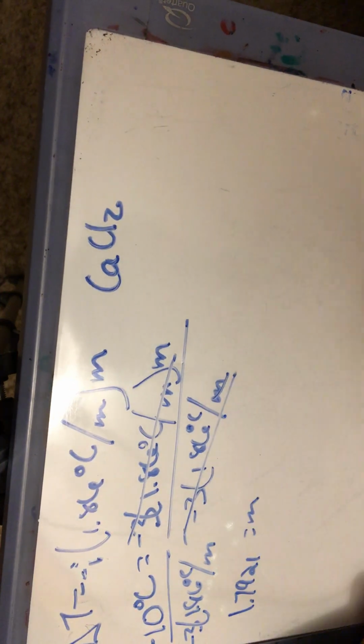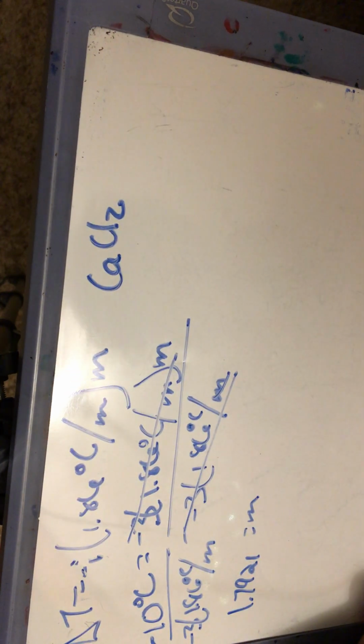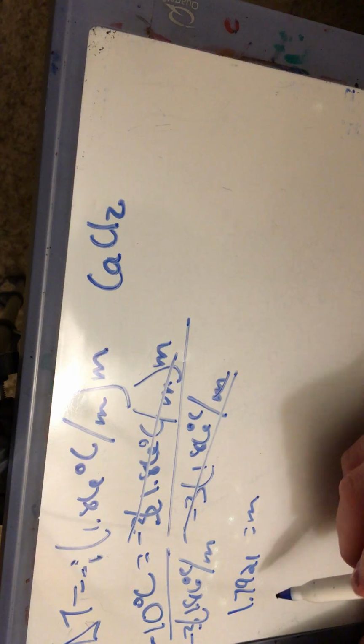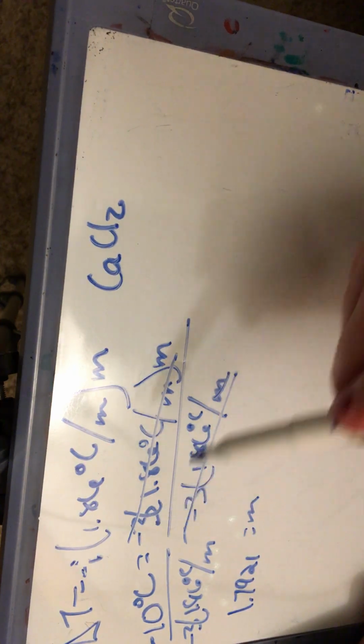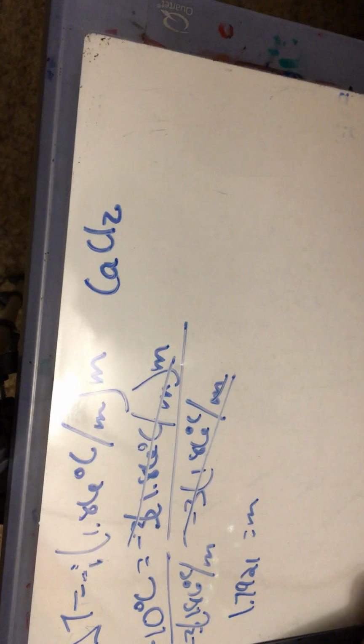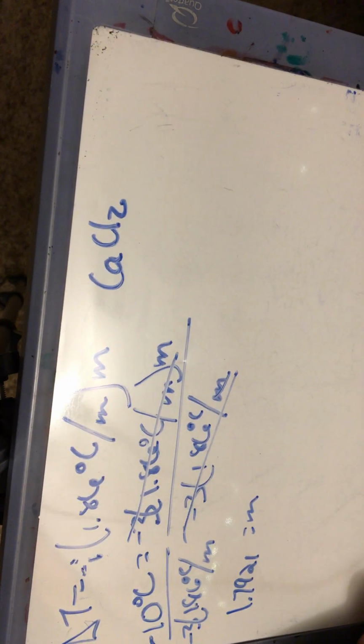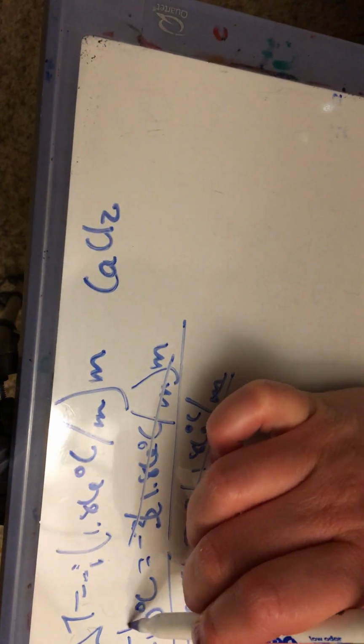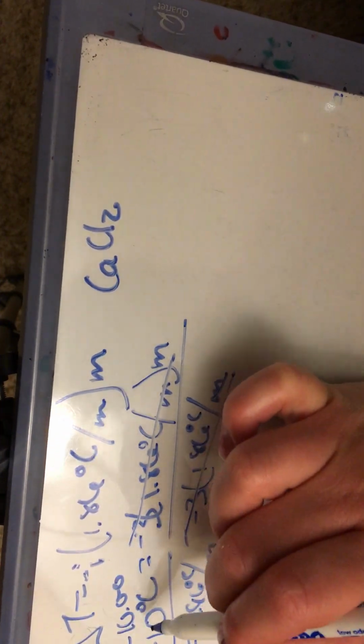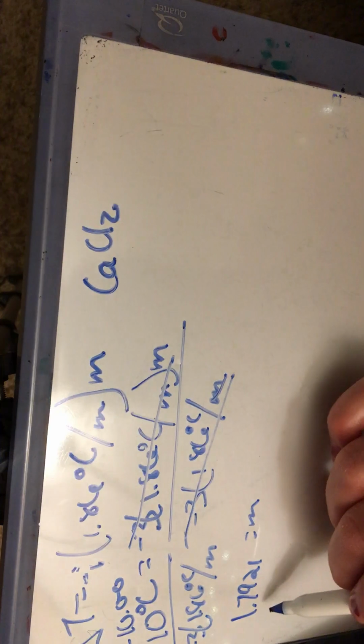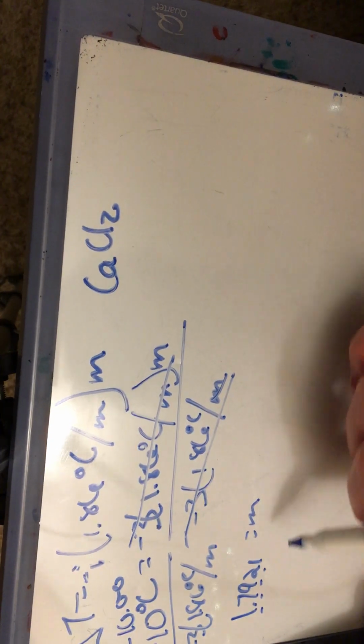So negative 10.00 has 4 sig figs, 1, 2, 3, 4.